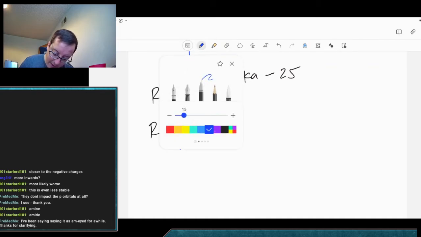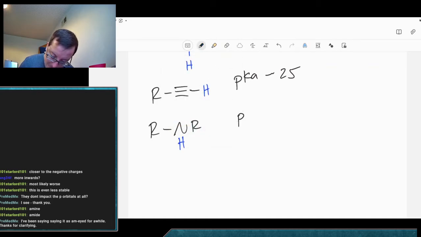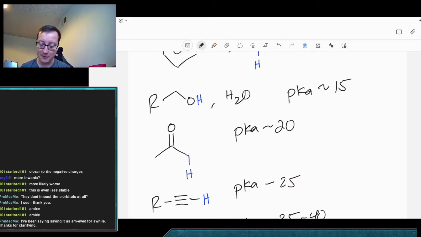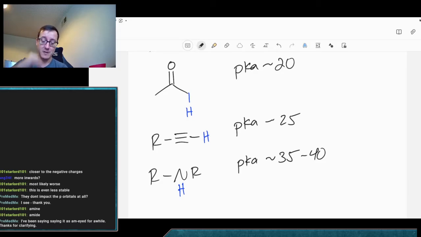Remember, high pKa means less acidic. 35 to 40, so there's a range. So not acidic, that's the point. Consider water with a pKa of 15 versus a pKa of 35. Water is way more acidic than these other things.